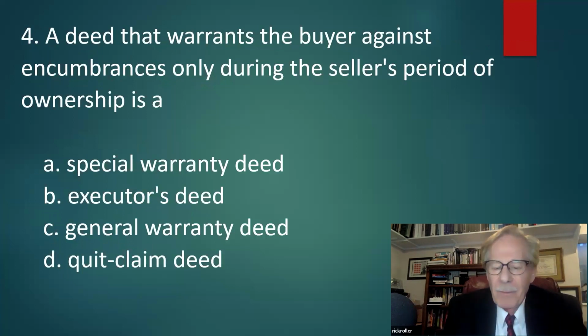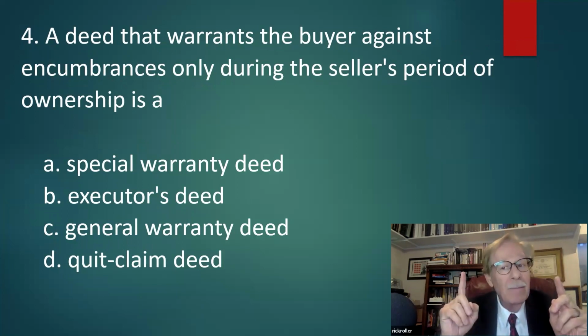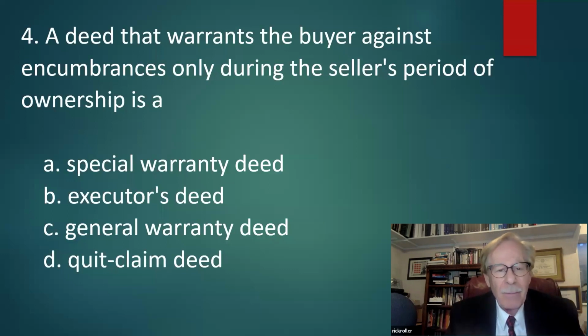A deed that warrants the buyer against encumbrances only during the seller's period of ownership is a special warranty deed, executor's deed, general warranty deed, or quitclaim deed. Now, warrants a buyer against encumbrances, covenant against encumbrances, but only for the time that the seller has owned the property.